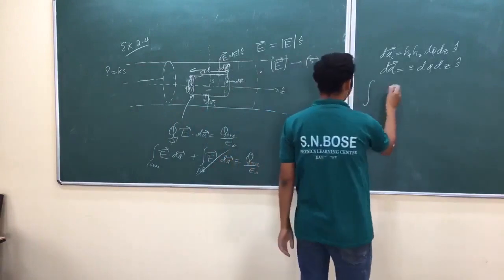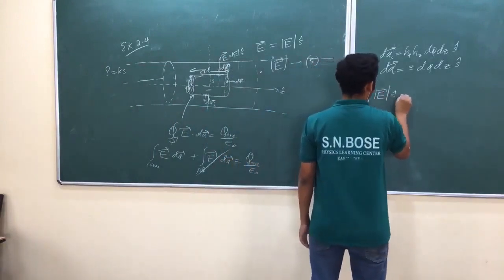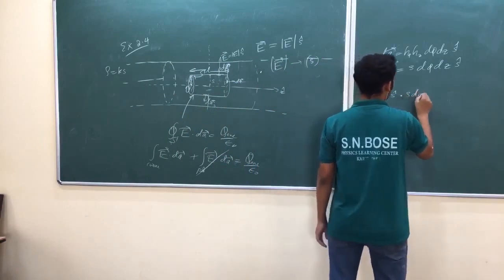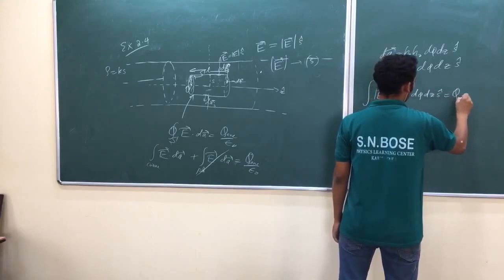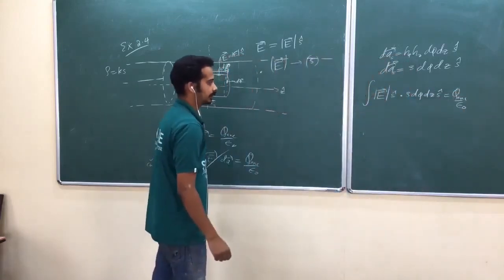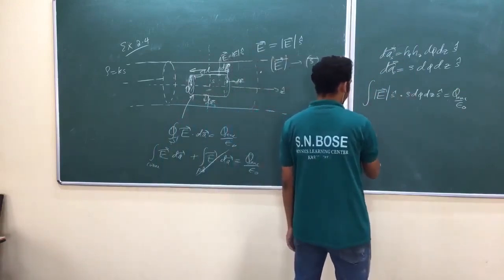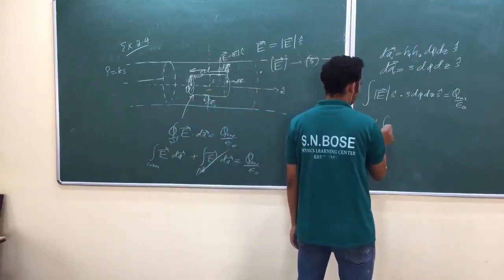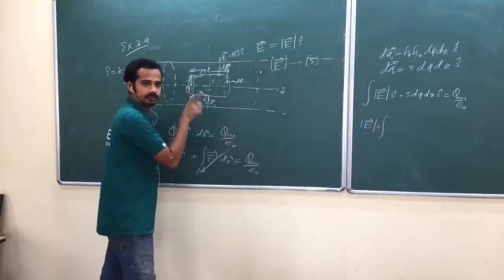Now your curved surface integral, mod of E S cap dot product with S d phi dz S cap, is equal to Q enclosed by epsilon naught. We shall take that later. S cap dot S cap is 1. Again, the electric field is constant throughout the curved surface, and S is also constant throughout the curved surface.